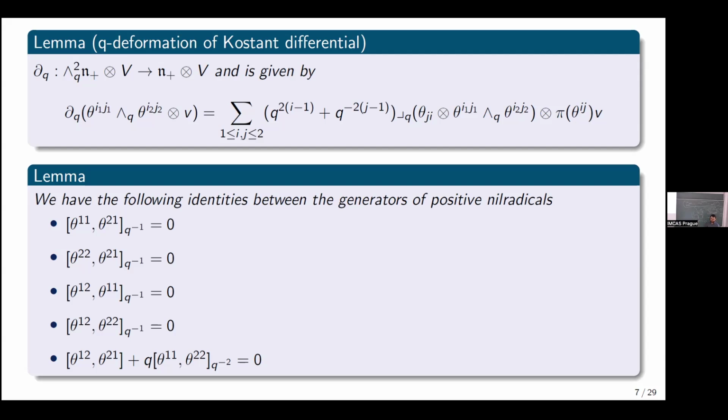So here you see theta 1 1, theta 2 2, 2 1 and 1 2 and 2 1, which is very complicated. And similarly for the same kind of relation one can find for the negative radicals. But I mentioned only the positive ones.